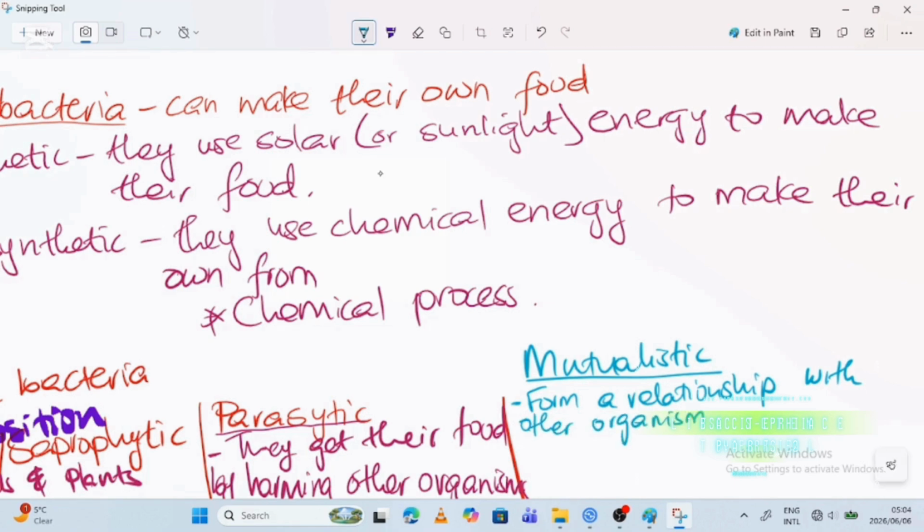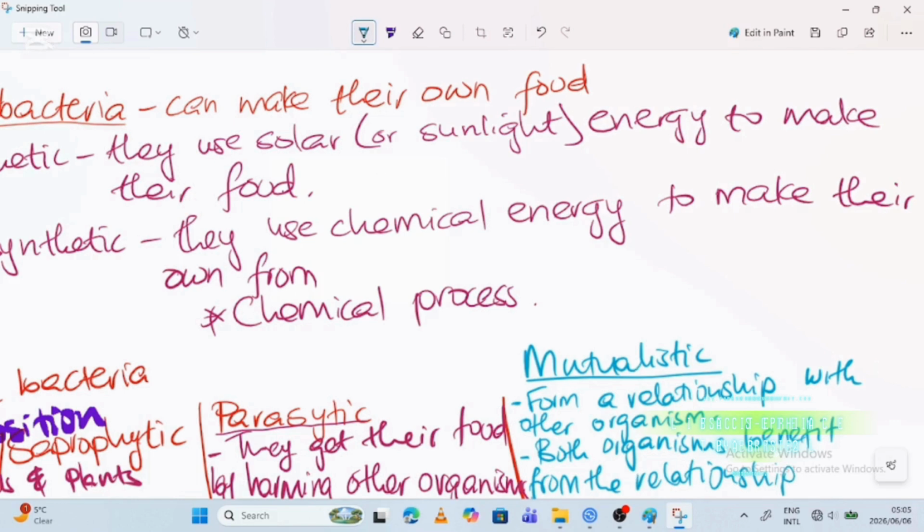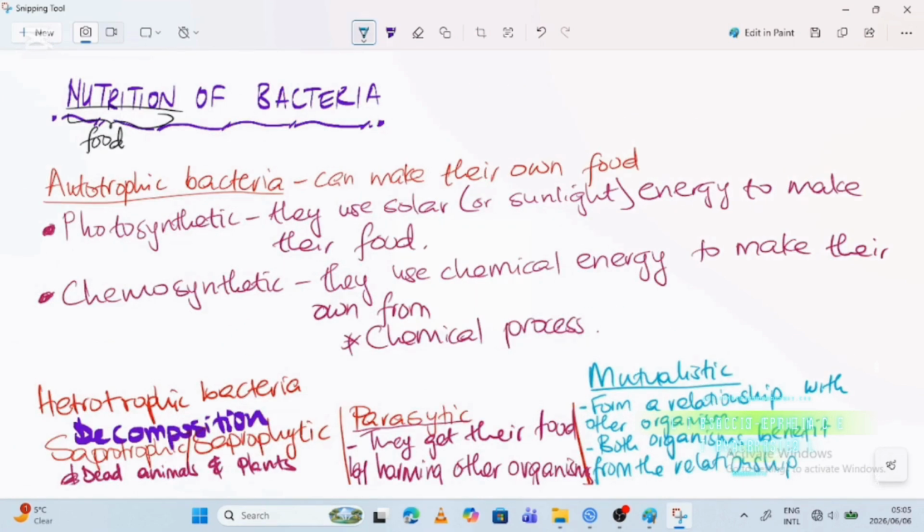So here both organisms benefit from the relationship. So this one forms a business partner somehow, whereby they all benefit, they get 50-50 profit from what they actually did. So yeah, that's basically it about nutrition of bacteria.